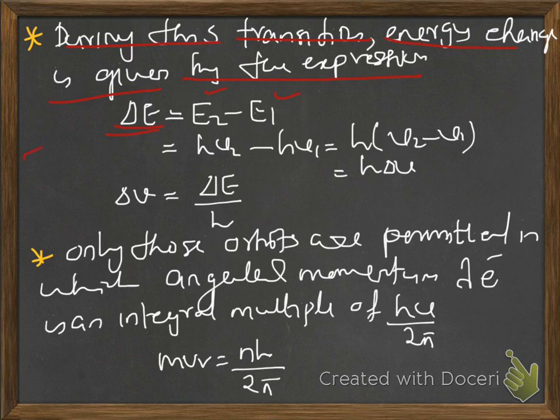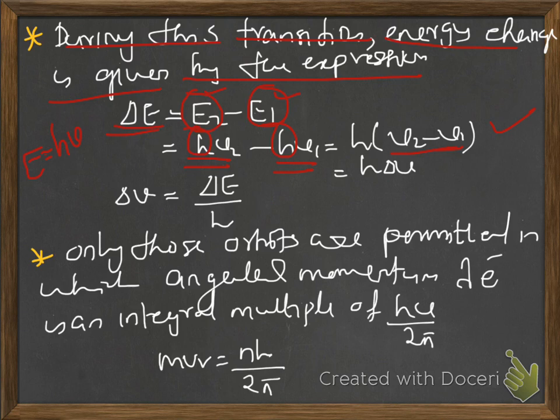From the Planck's quantum theory, E equal to h nu. So, E2 can be written as h nu 2 minus E1, we can write it as h nu 1. We have commonly h here. So, h into nu 2 minus nu 1.